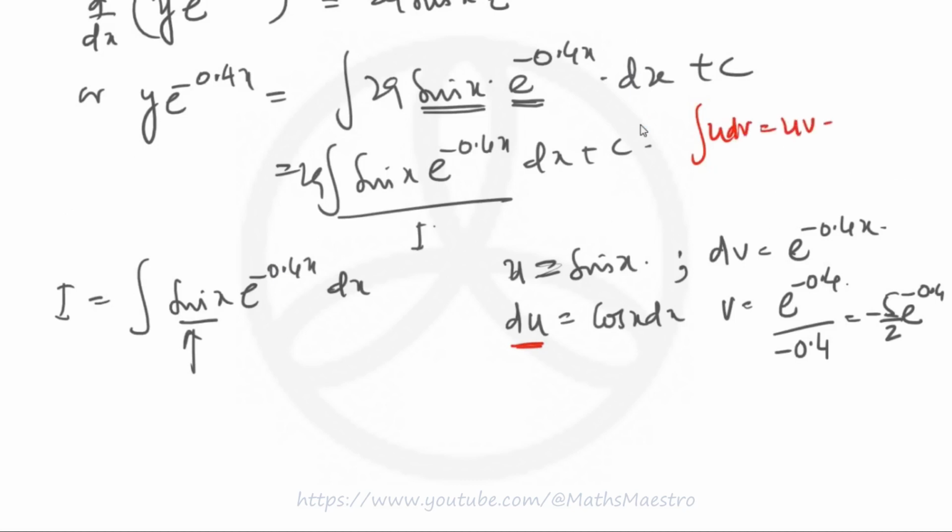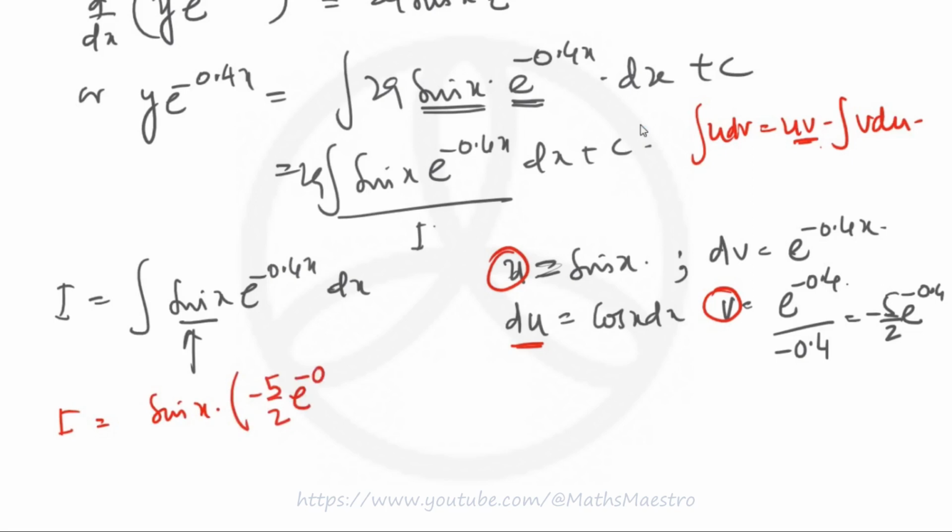So in the first iteration, as per integration by parts, we have integral of u dv is equal to uv minus integral of v du. So here we have u here and v here. Our first part will be sine x multiplied by minus 5 by 2 e to the power minus 0.4x, and then minus integral of v, which is nothing but minus 5 by 2 e to the power minus 0.4x, and du, which is cos x dx.